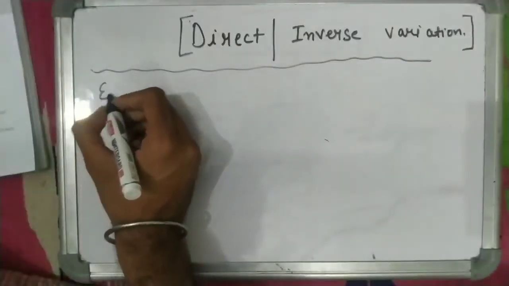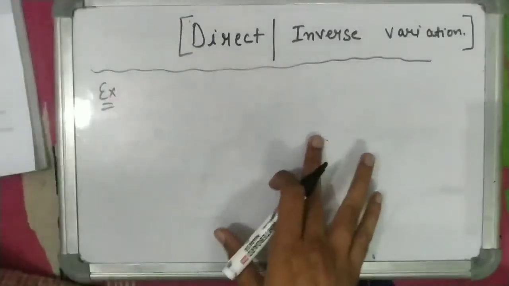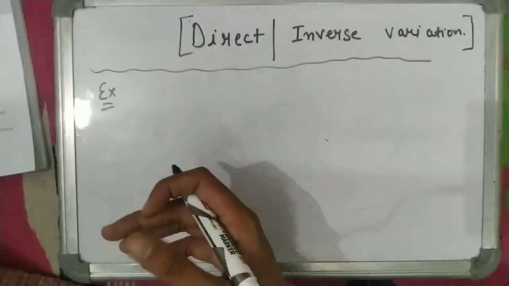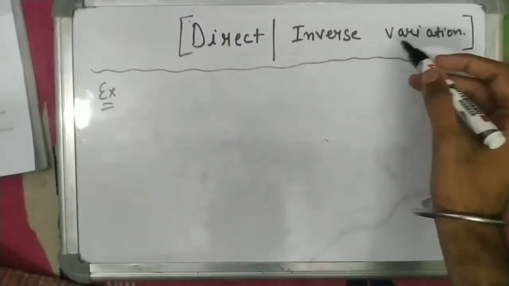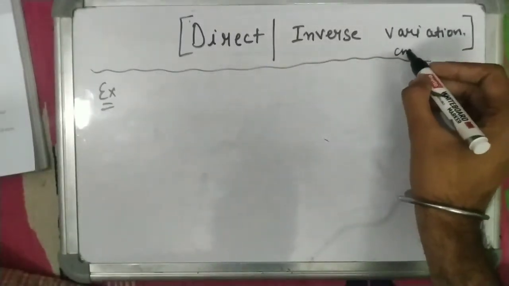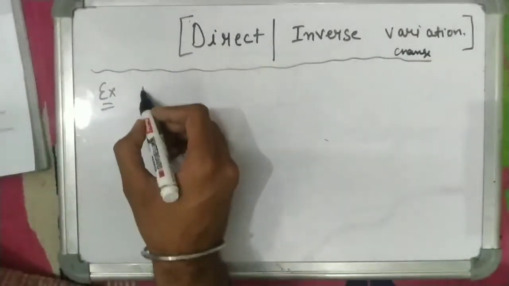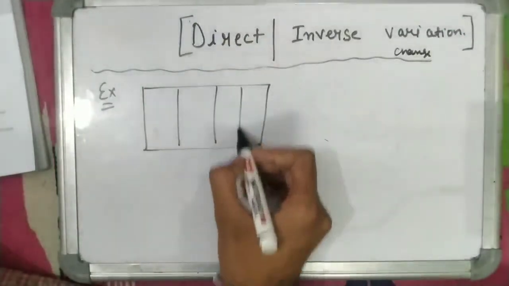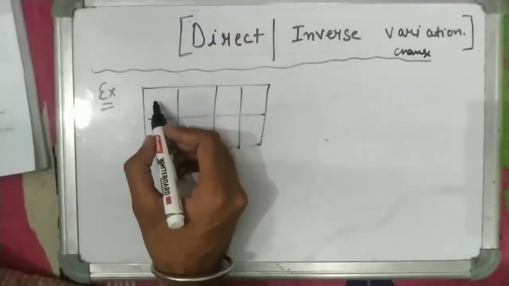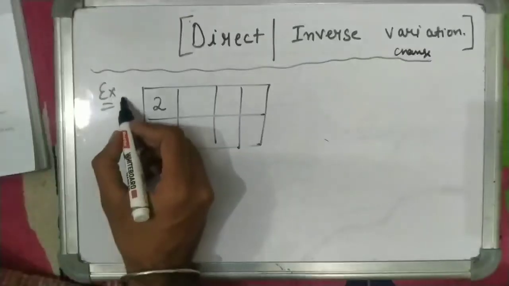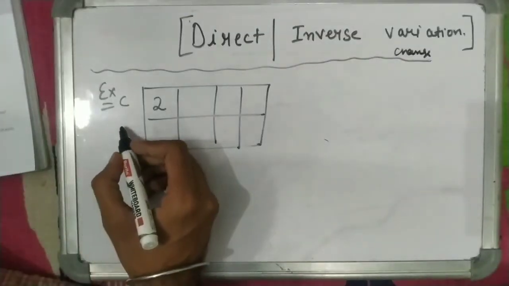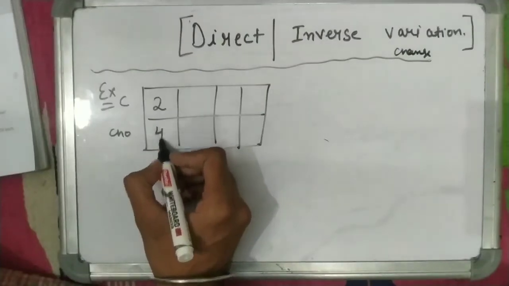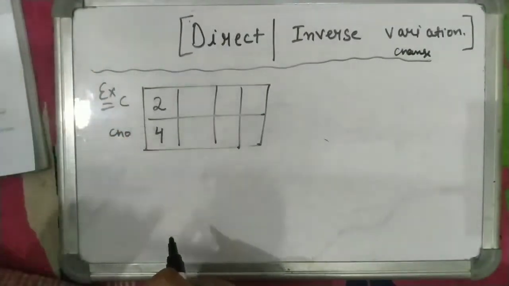Example number 1. Suppose we have a variation. What is the meaning of variation? Variation means change. Suppose a boy eats 2 candies, then he takes 4 chocolates. 2 candies, 4 chocolates.